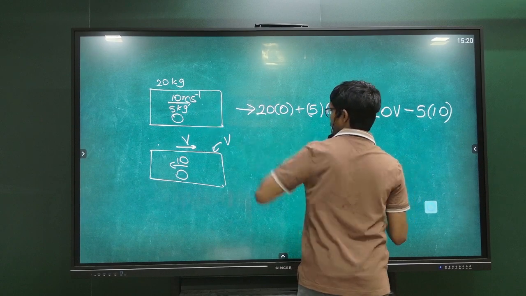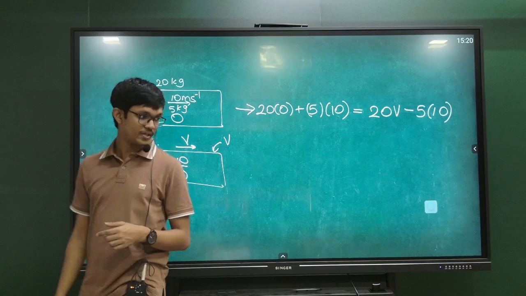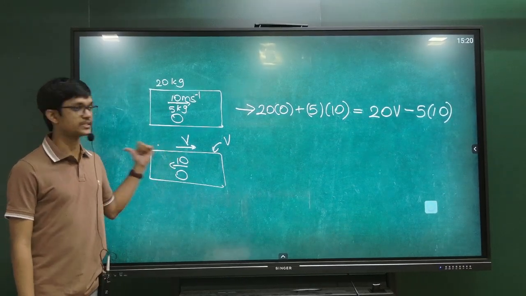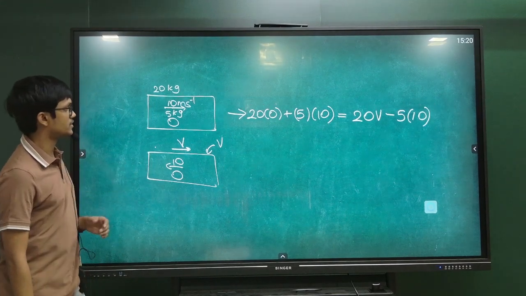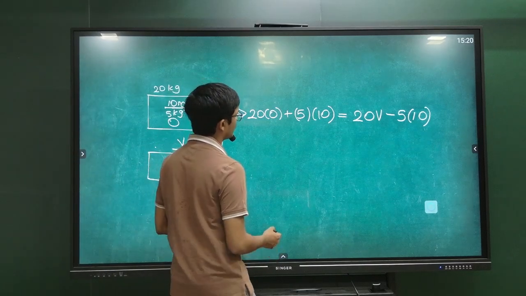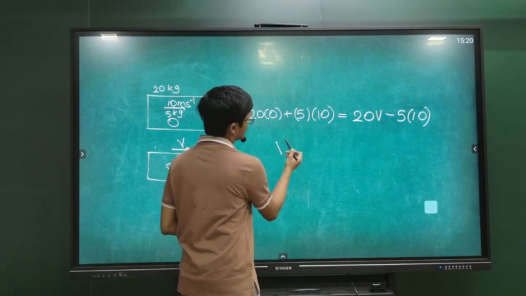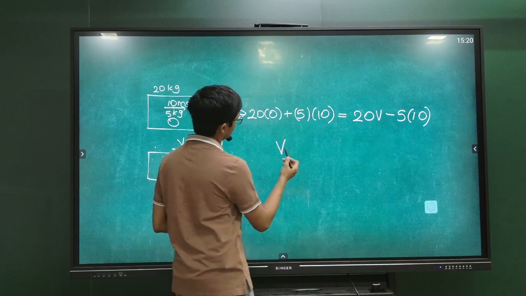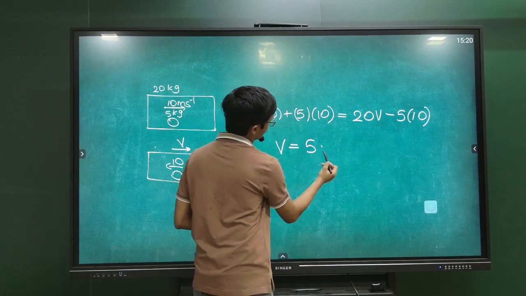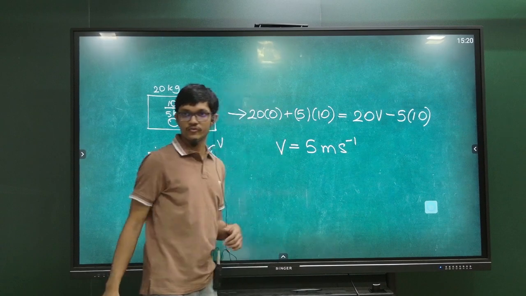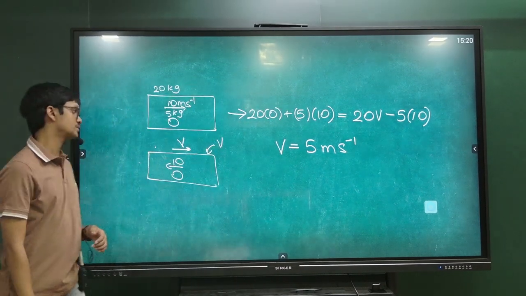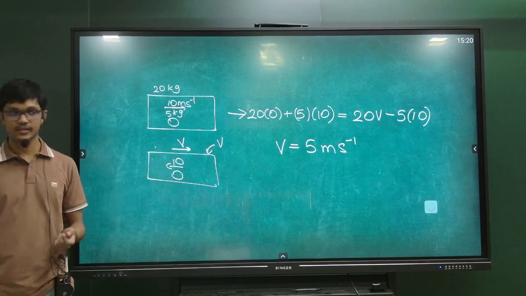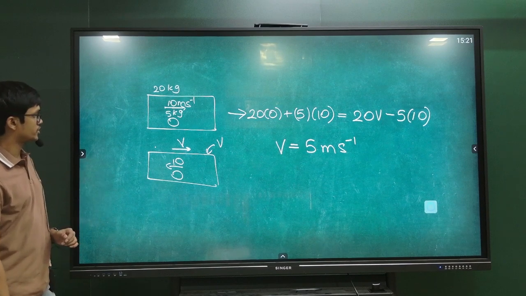My positive direction is this, and here the velocity is in this direction. So by solving this, I get v equals 5 meters per second. So the box is moving at a velocity of 5 meters per second. Clear? Okay, so that is the answer for this question.